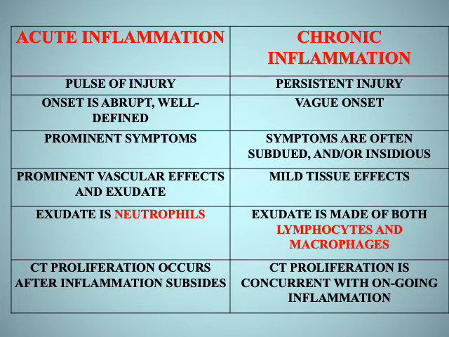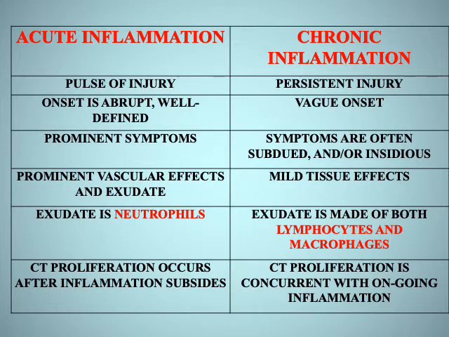Symptoms are often subdued and insidious in chronic. Acute has prominent vascular effect and exudate, with mild tissue effects. Exudates are neutrophils, whereas in chronic inflammation, exudate is made of both lymphocytes and macrophages.